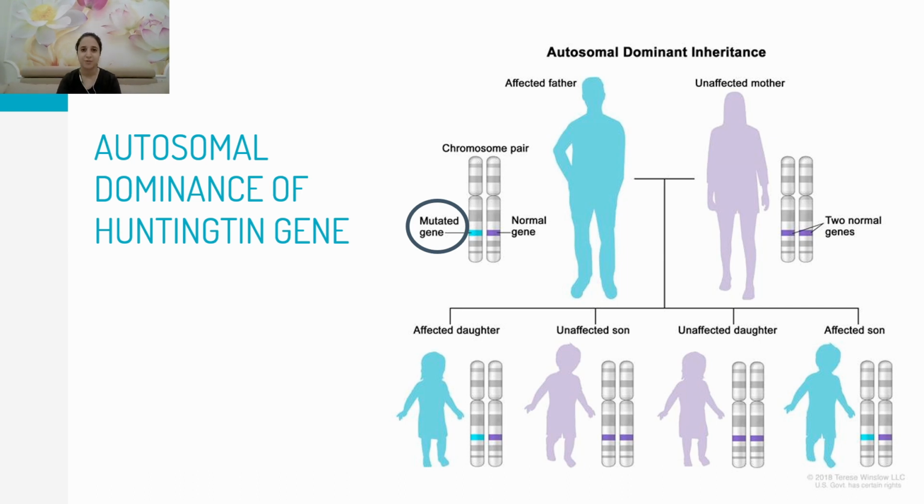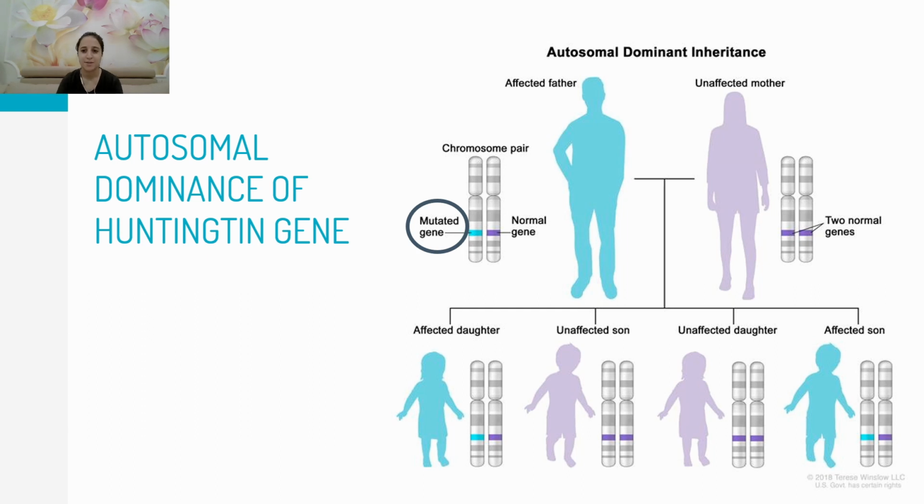As you can see from the picture, the first child, a daughter, inherits the mutated gene from the father and any one of the normal genes from the mother. The second child, a son, inherits a normal gene from the father and any one of those genes from the mother.